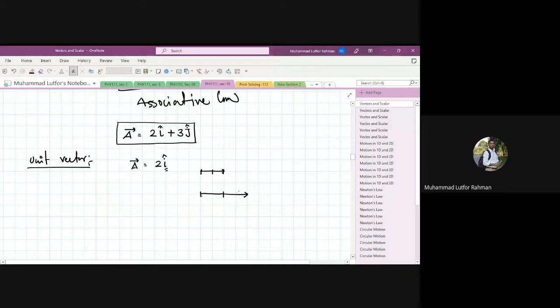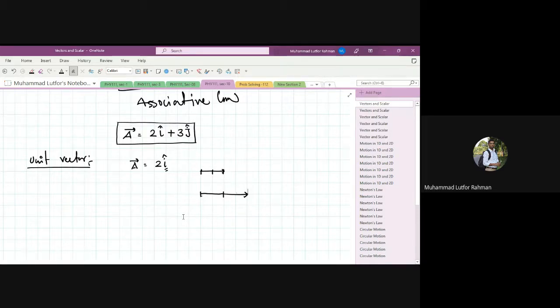That means the unit vector is basically the smallest unit in some reference frame or reference axis, and by default we consider this smallest unit to be 1 for the Cartesian coordinate system. We say that the magnitude of this unit vector is 1.